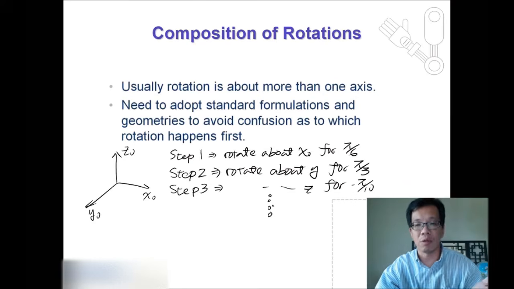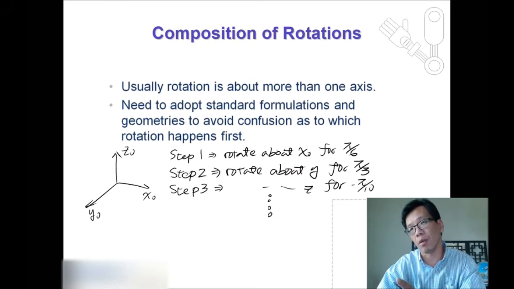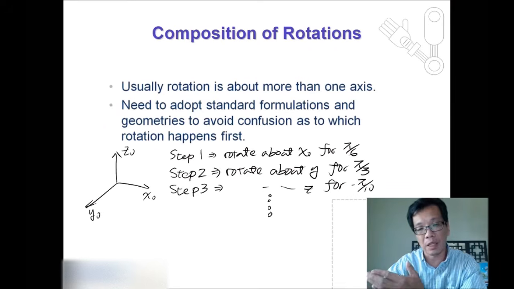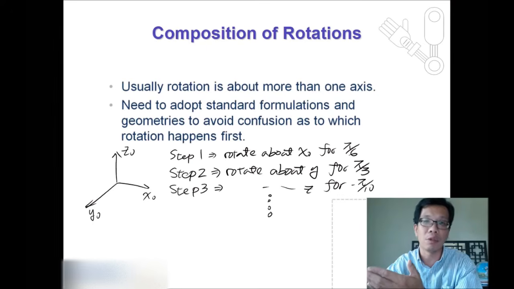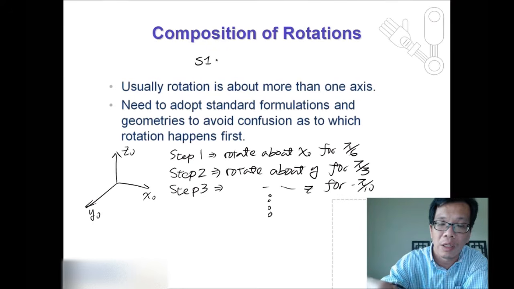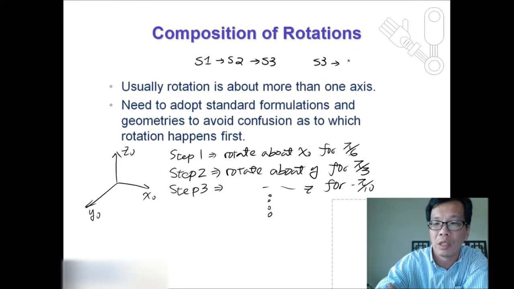Okay, so you got a sequence. Can we say that, since I know all the sequence, I know it's going to be x, y, or z with a specific angle, can I rotate step 3 first? Then we rotate step 2. Then we do step 1. Can we do that? The question is, step 1 to step 2 to step 3, is that going to be the same as step 3, step 1, step 2?